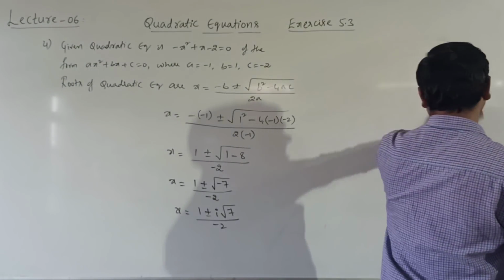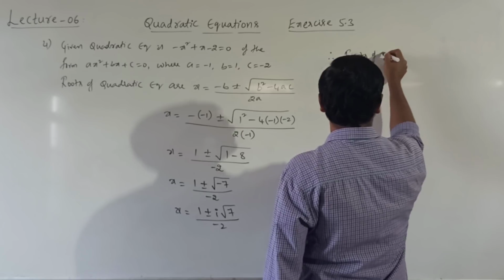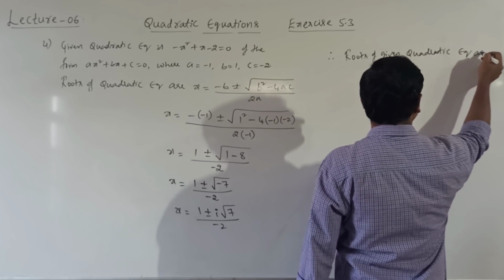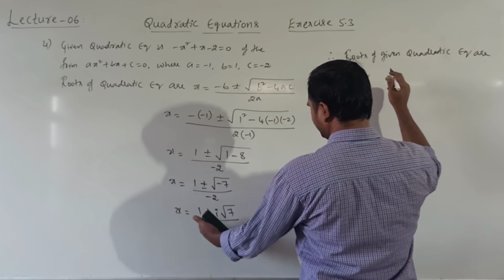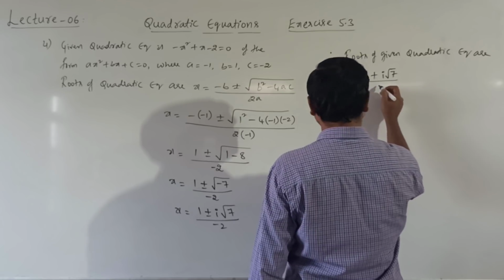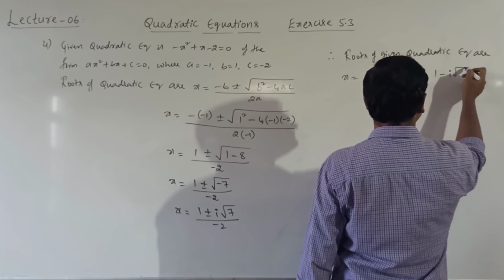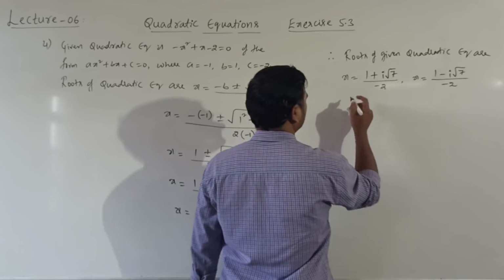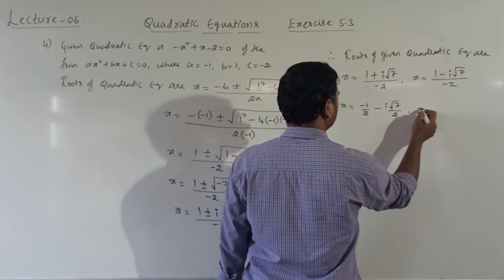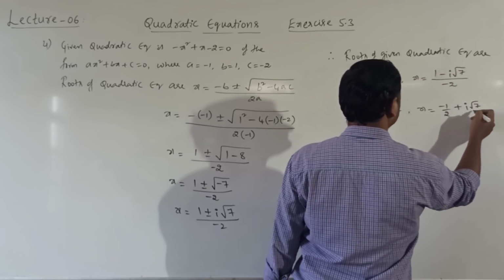So what are the roots we can write? Therefore roots of the given quadratic equation are x equal to, I take plus, 1 plus i root 7 divided by minus 2, and x is 1 minus i root 7 divided by minus 2, or if you divide separately, minus 1 by 2 minus i root 7 by 2, and dividing separately, minus 1 by 2 minus by minus plus i root 7 by 2.